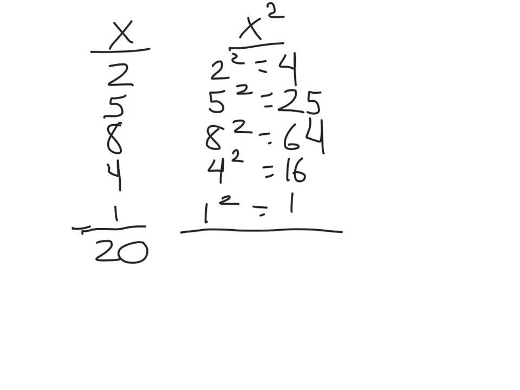So I have 29, and let's see, 64 and 29 are, how about 93? And then 93 and 16 are 109. How about 110? I hope this is right. Okay? Everybody all right with that so far? Good.